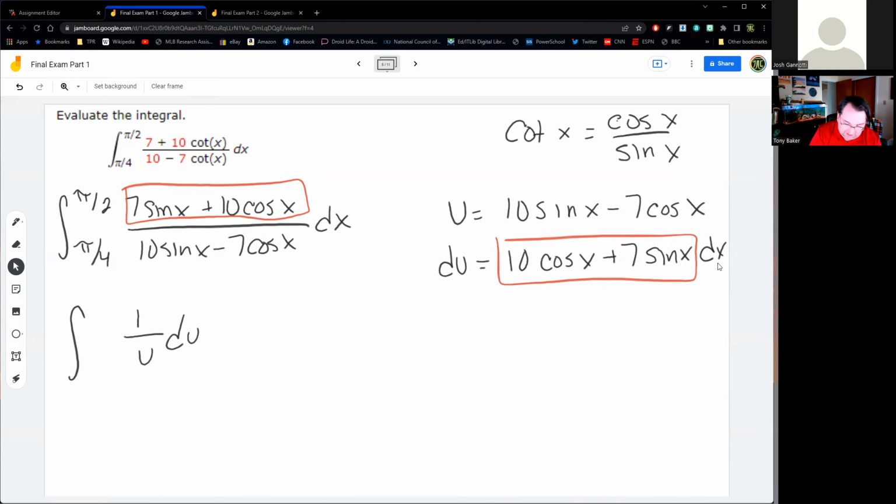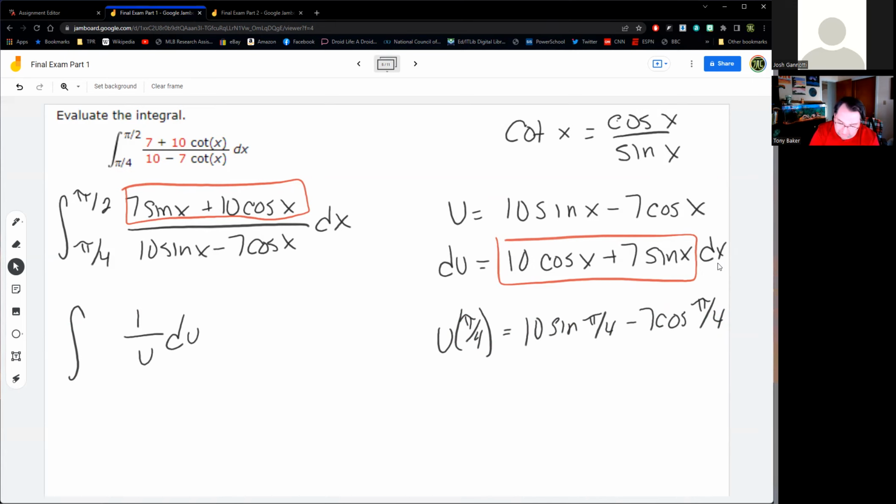But let's find the pi over 4 and pi over 2, so I don't have to go backwards. So u of pi over 4. So I have 10 sine pi over 4 minus 7 cosine of pi over 4. Sine of pi over 4 and cosine of pi over 4 are the exact same thing.